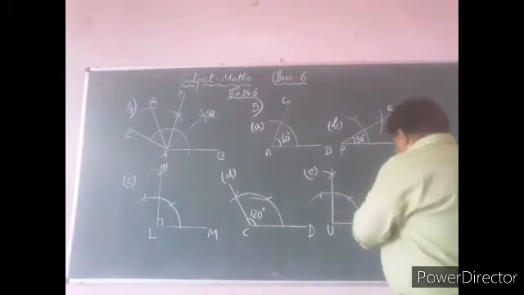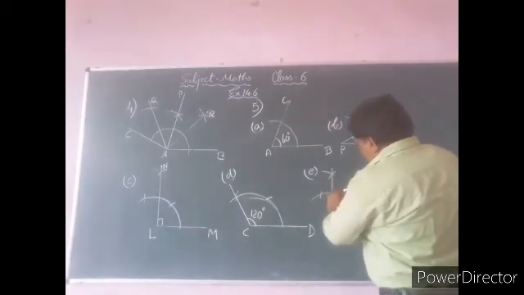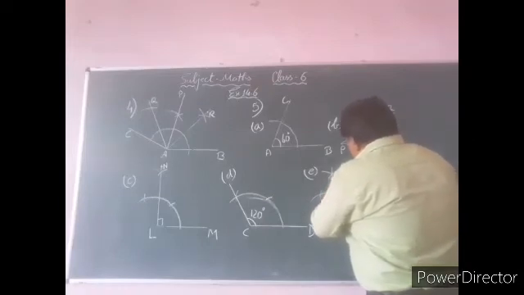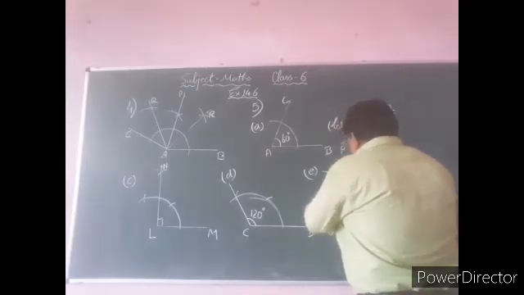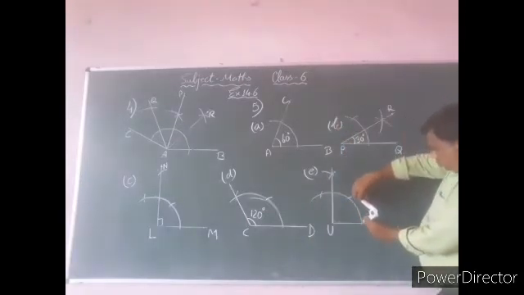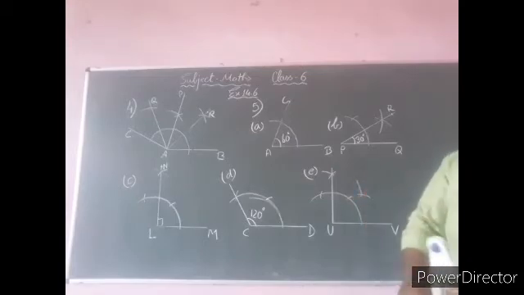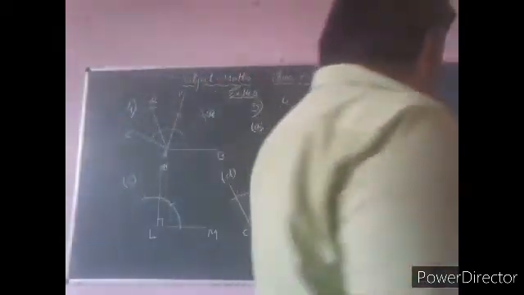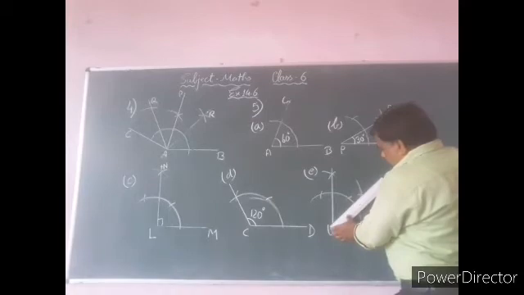So from here mark an arc of any radius, and from here also of the same radius mark an arc. So join the intersecting arcs, that is join the intersecting point with U.